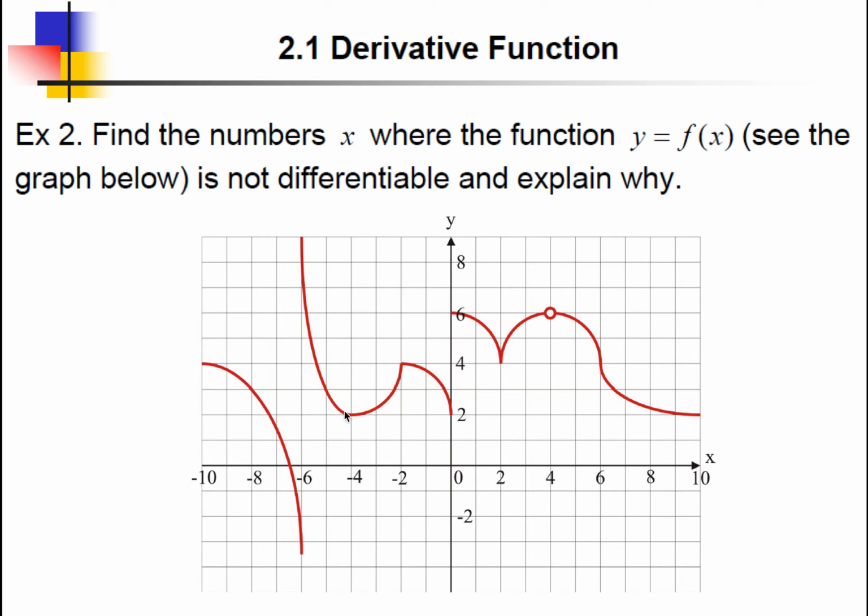I see, for example, at -4, it is continuous, and I can find a tangent, right? There's a slope of a tangent here. So I would say most likely, or 99.9%, I can find a derivative here because I can find the limit, and so on. Now we have the solution.